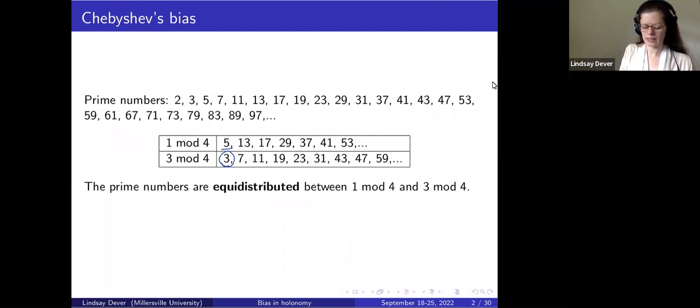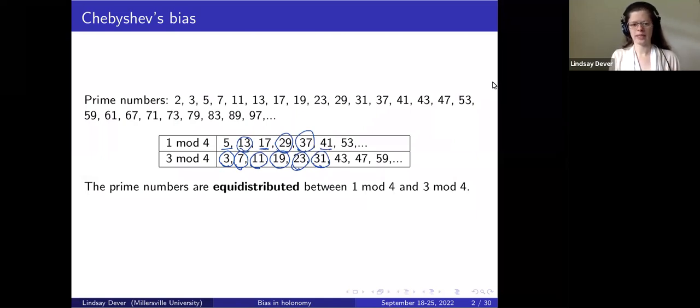And then we add 7, so 3 mod 4 is winning again. And then 11, and then when we add 13, 3 mod 4 is still winning. And then we're tied again. So I'm going to keep going. And you'll notice that 3 mod 4 is usually winning.